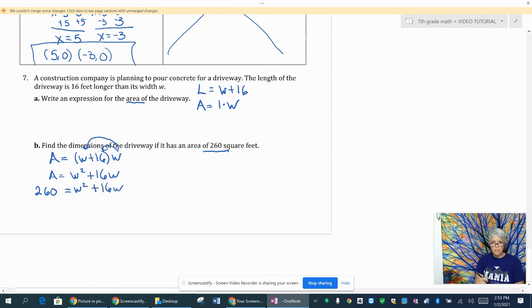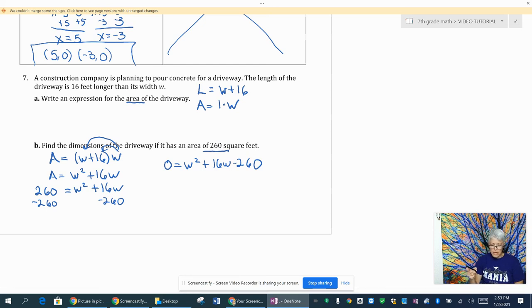And I need to make this a quadratic. So we're going to move that 260 over. And now I have my equation. It's there. I'm going to just go ahead and put that 0 there. W squared plus 16W minus 260. And I'm going to cheat a little bit here because I want to speed things up a little bit.